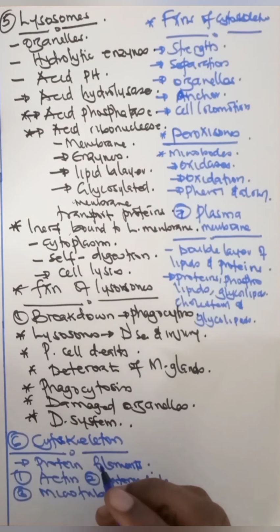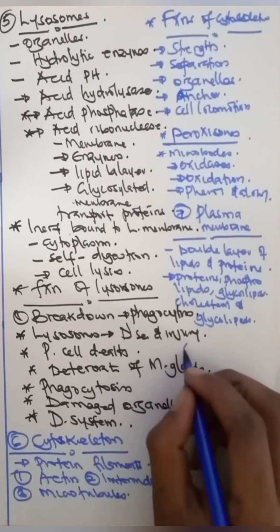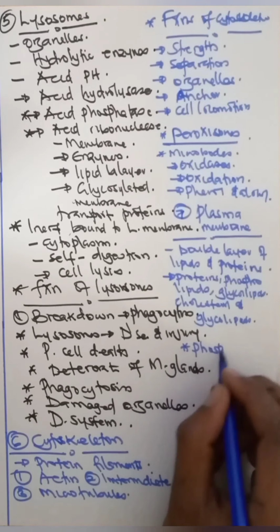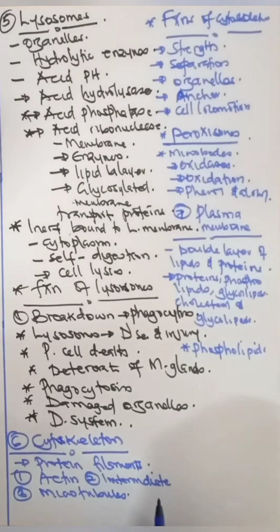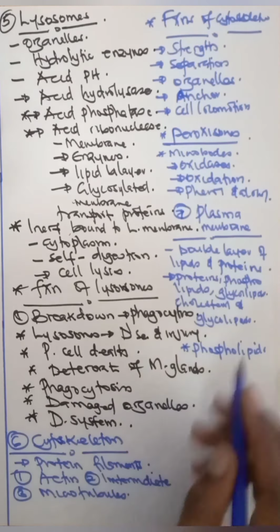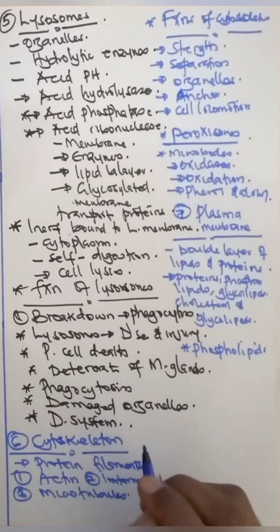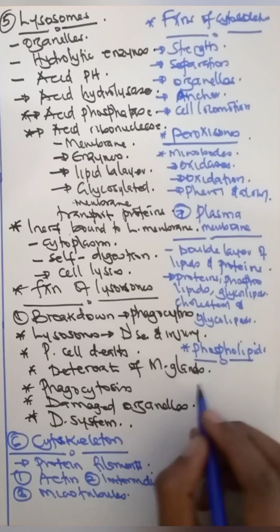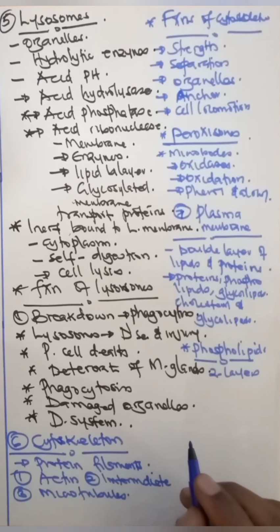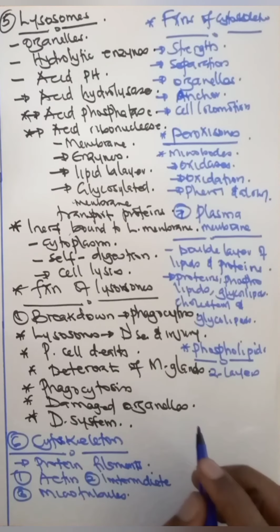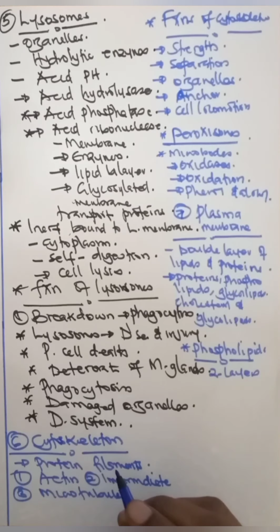Of course, looking at the phospholipids, as we have said, it is one of the components of the plasma membrane. The plasma membrane is made up of 2 layers of phospholipids, which are arranged to form a double-layered sheet that we call the phospholipid bilayer. What is the key function of this phospholipid bilayer?